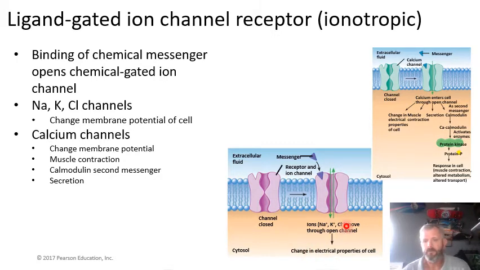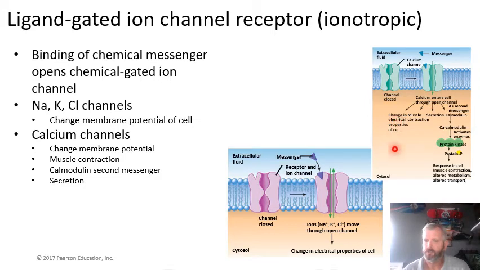The simplest form is if sodium, potassium, or chloride ions can move through. Essentially what that's going to do is change the membrane potential of the cell. We can also have ion channels that allow calcium, and you can see we can get a much broader effect with the influx of calcium.